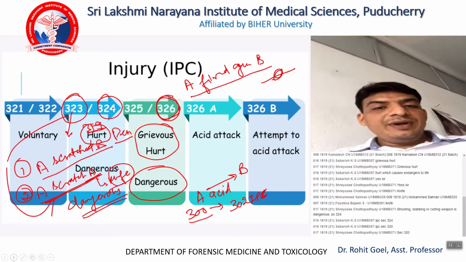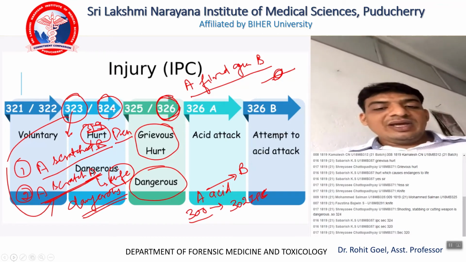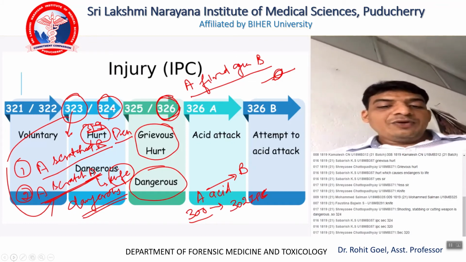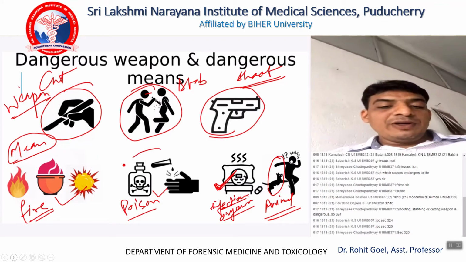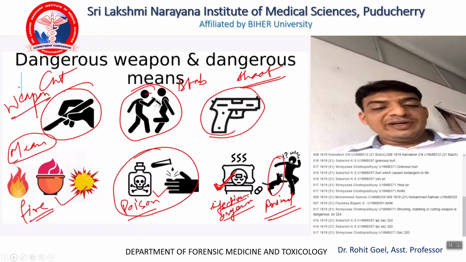Similarly, whenever a police person has to file a case, looking at the scenario, A has thrown acid on B, then he will take into account where is the section defined. From the previous understanding, we saw that poison was included in section 324 and 326.